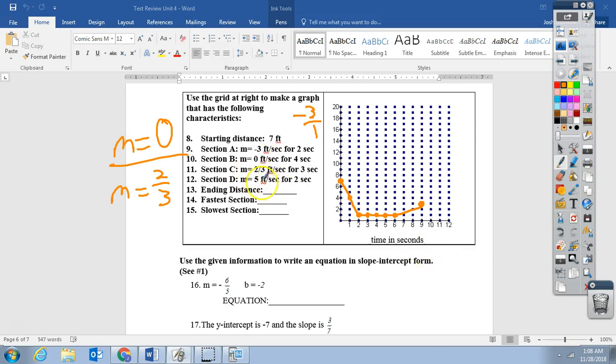Then it says 5 feet per second for 2 seconds. Up 1, 2, 3, 4, 5, over 1. But it said do it for 2 seconds. Up 1, 2, 3, 4, 5, over 1. That is for 2 seconds, from 9 to 11.